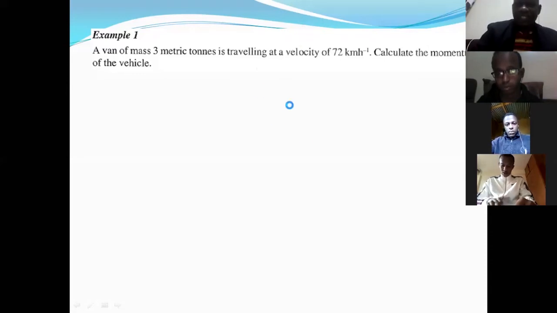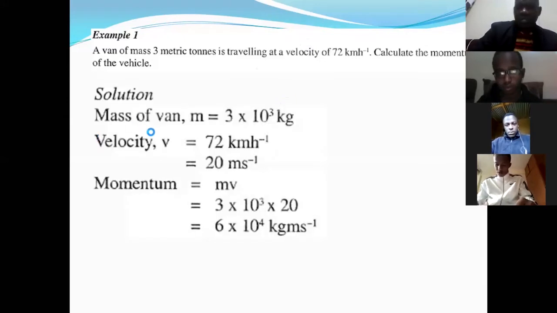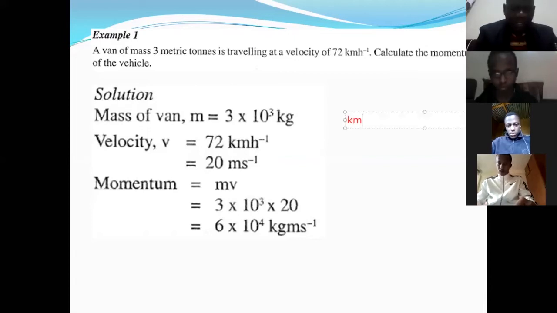Okay. So in this case, step-by-step solution, the mass of the van we convert to kilograms. This will be 3,000 kilograms. Then the velocity will be 20 meters per second. So when converting velocity from kilometers per hour to meters per second, what are we supposed to do?